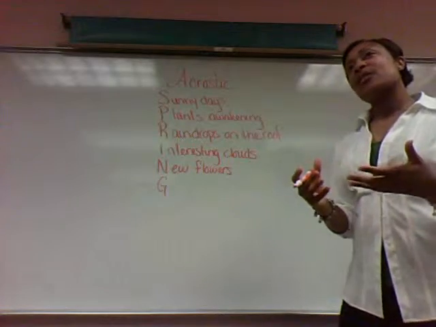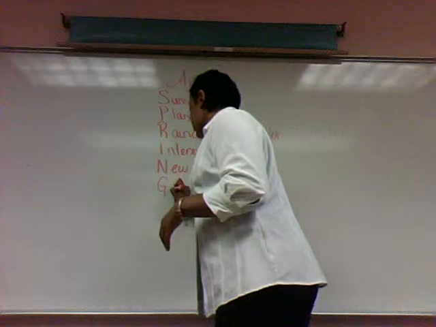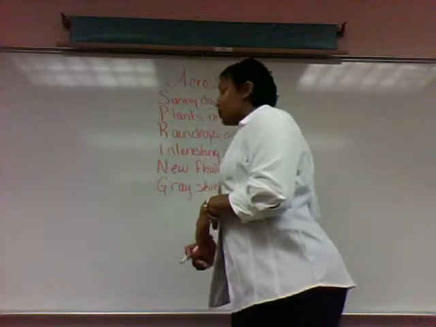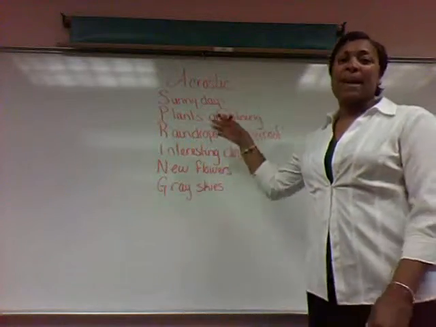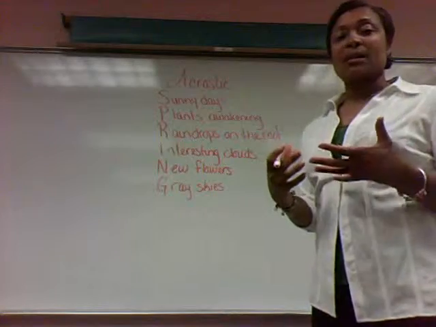And then the last thing I think of is gray skies because it does rain a lot in the spring. So, gray skies. Okay, now that's our basic acrostic style poem.